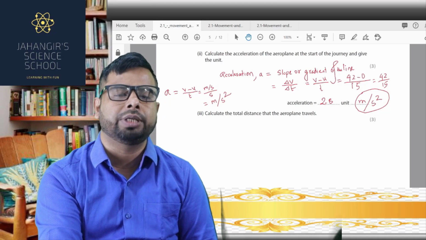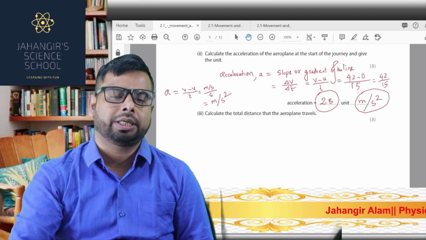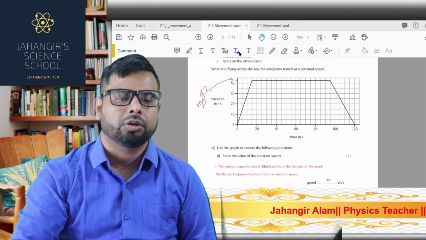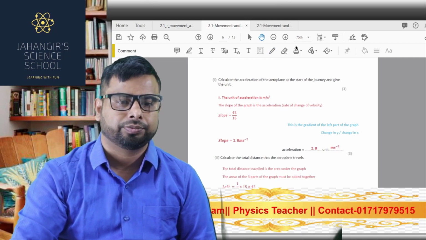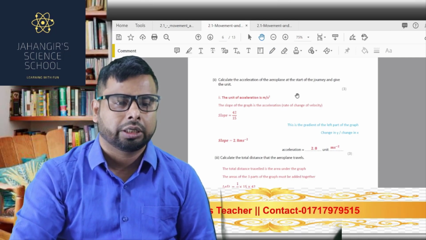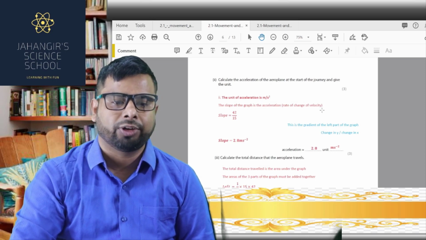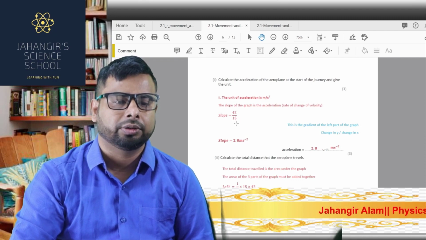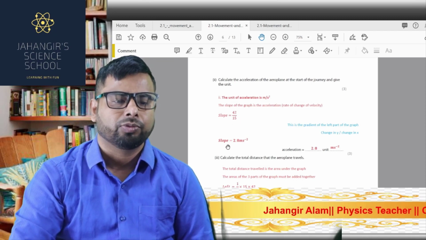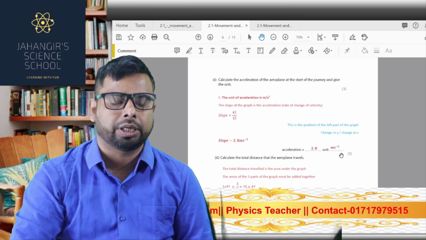So here the answer is 2.8 meter per second square. The slope of the graph is the acceleration, the rate of change of velocity. So slope equals 42 divided by 15, which is 2.8 meter per second square.